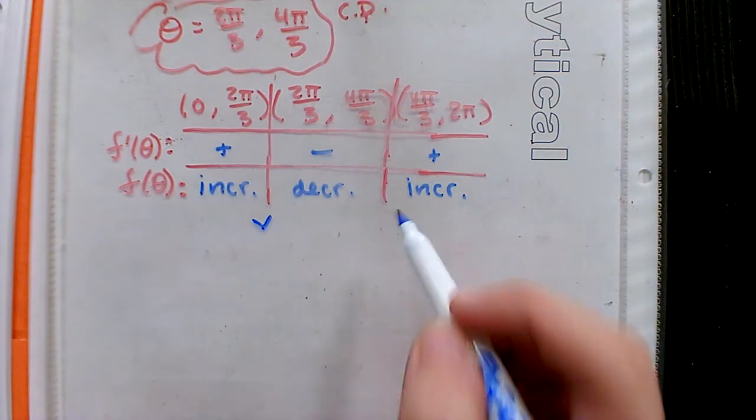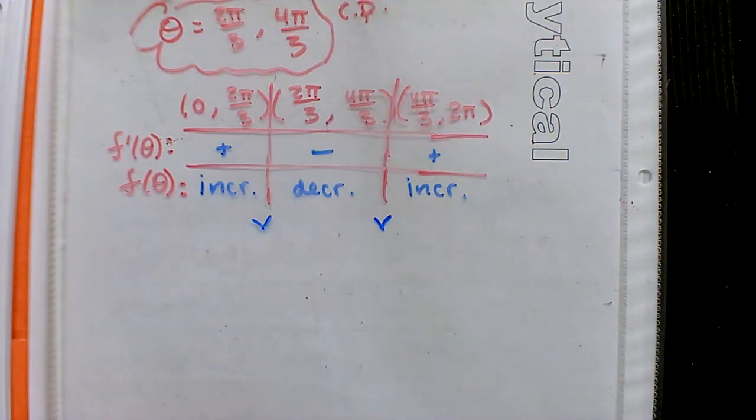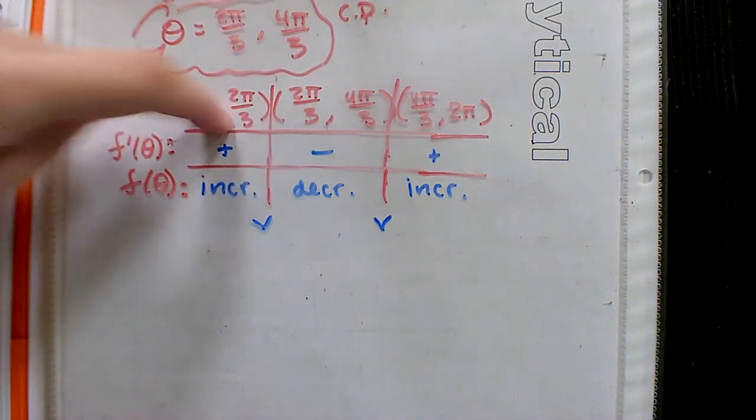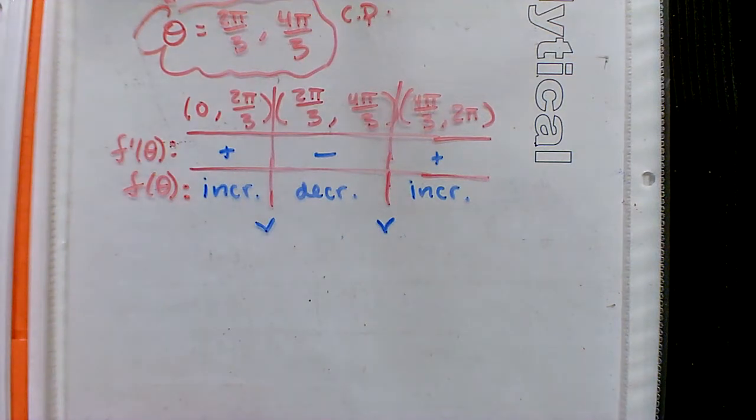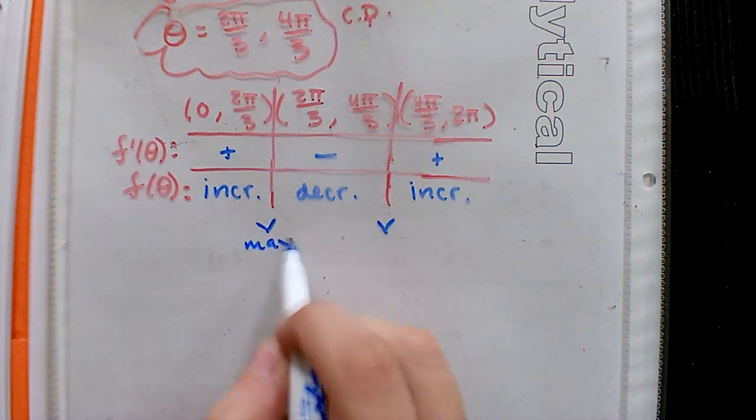Maybe one of them's a min, one a max, maybe one's a level. Based off the chart, can we identify what is 2 pi over 3 and 4 pi over 3? Good, Braden? 2 pi over 3 is a max and 4 pi over 3 is a min.